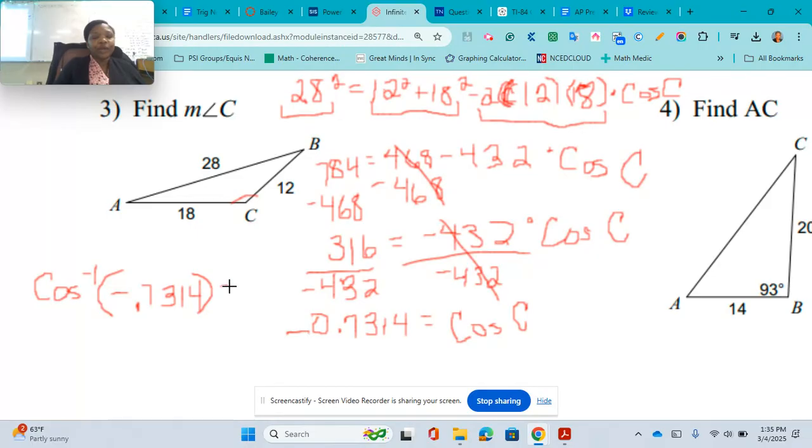Once we plug that into our calculator, make sure it's not on radian.